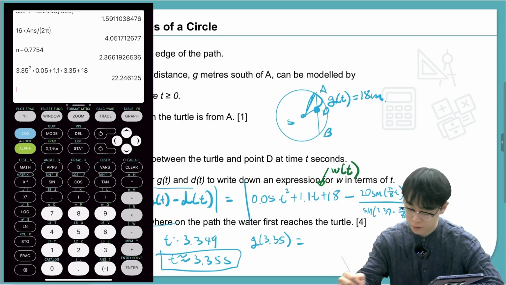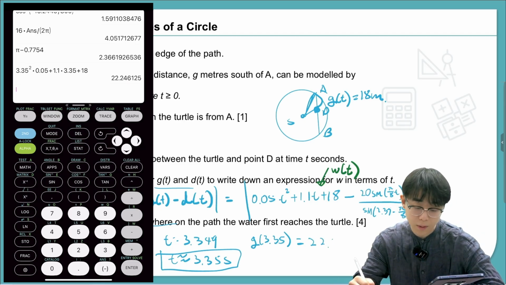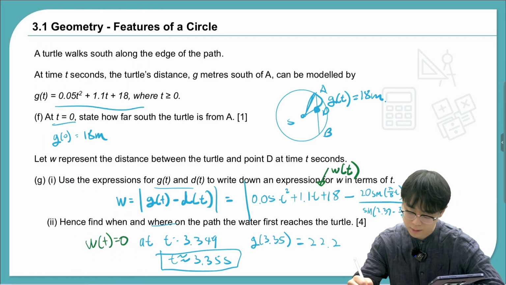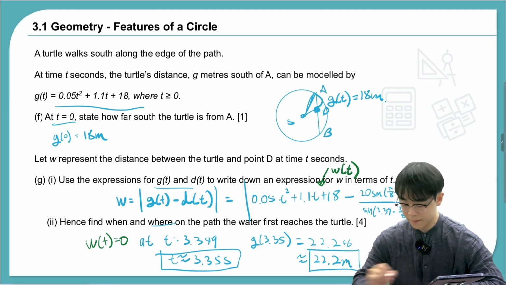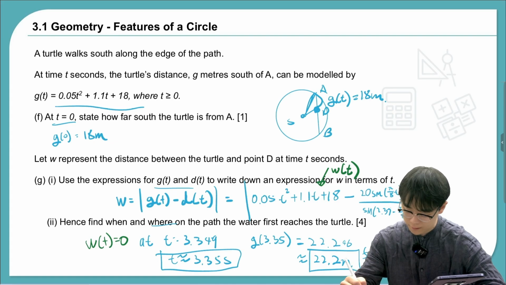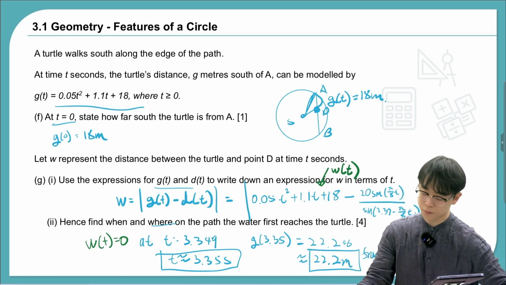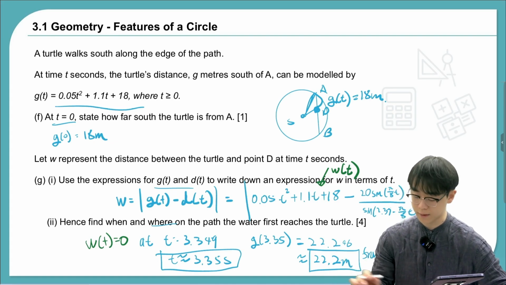So the position of the turtle is going to be 22.246, or roughly 22.2 meters from A, right? Vertically down from A. So that's when the water would first reach the turtle.